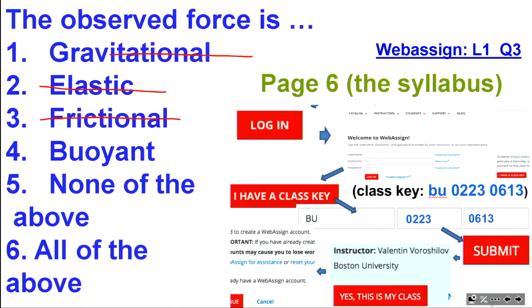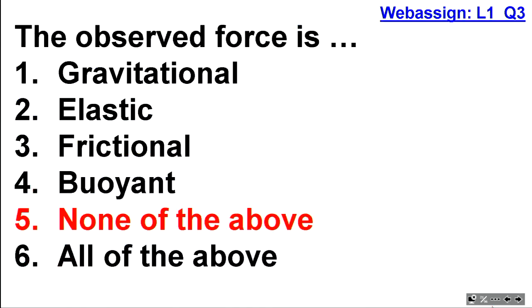They don't touch each other. That's not a buoyant force. So there are only two answers left, but the least reasonable, logical would be the last one. So the right answer is none of the above.